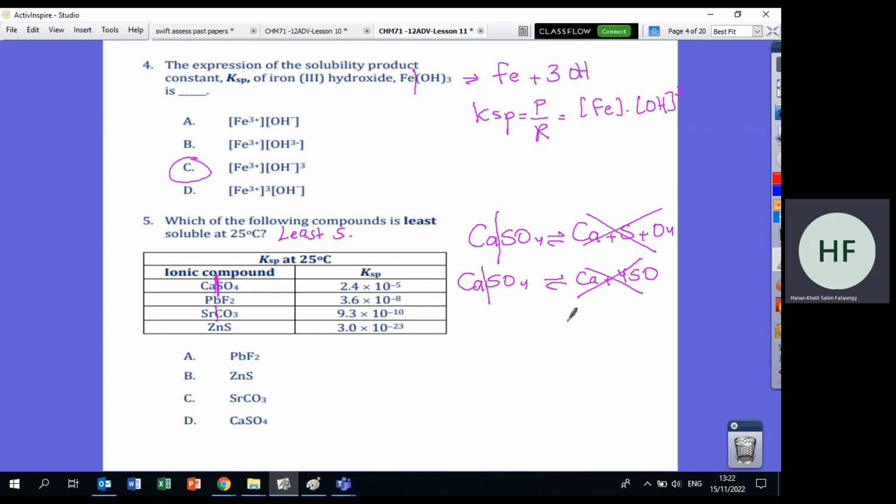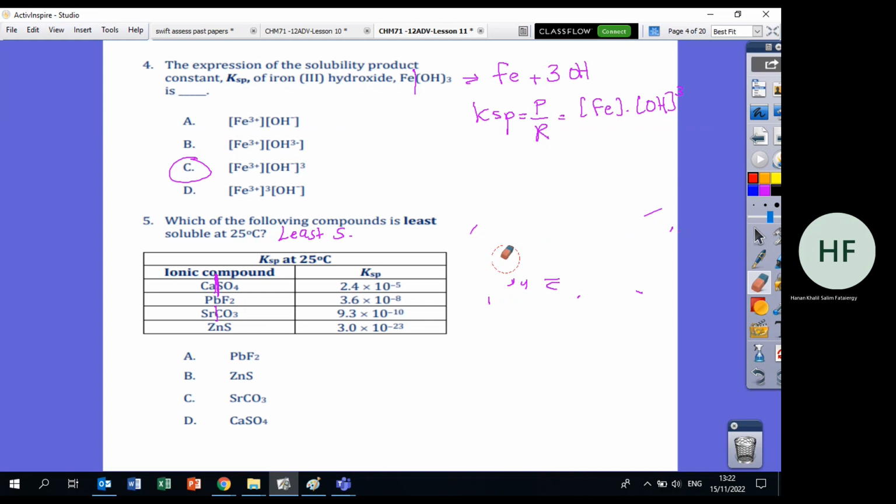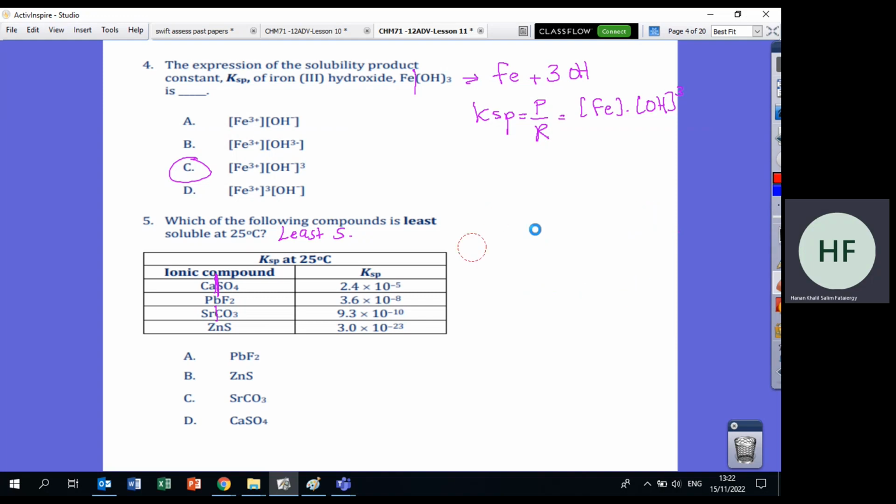This is again wrong, because 4SO means the S is 4 and the O is 4, whereas the S is 1 and the O is 4. So when CaSO4 dissociates, simply you write Ca and SO4.